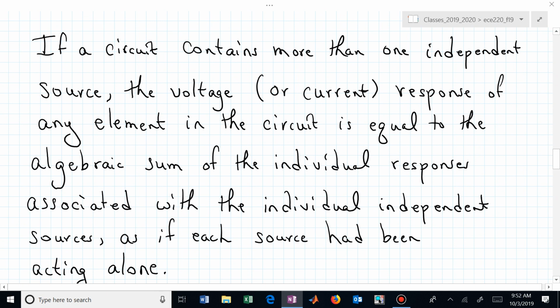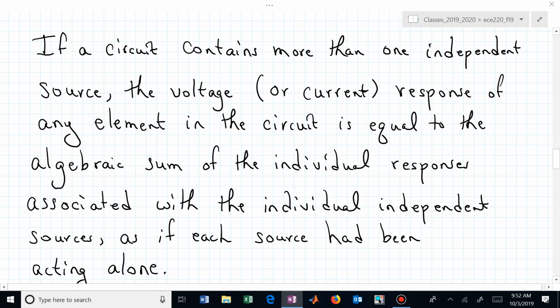If a circuit contains more than one independent source, that's when you might consider superposition during the analysis process. The voltage or current, whatever you're interested in, but let's say we concentrate on one element in that circuit, and that circuit possesses several different independent sources.